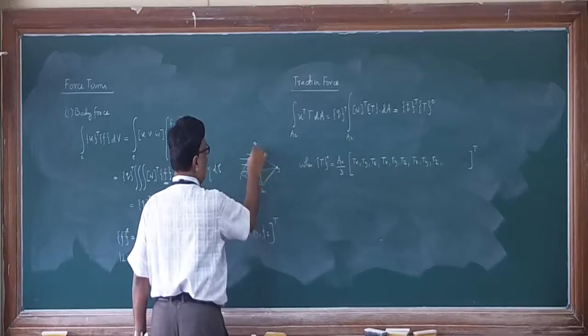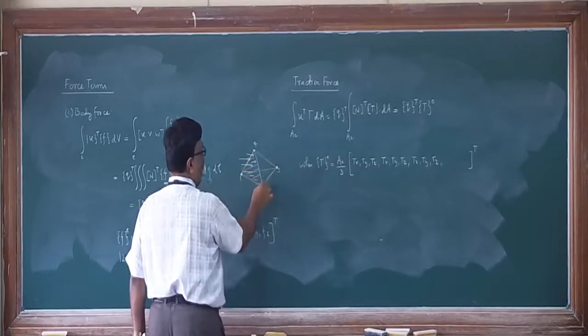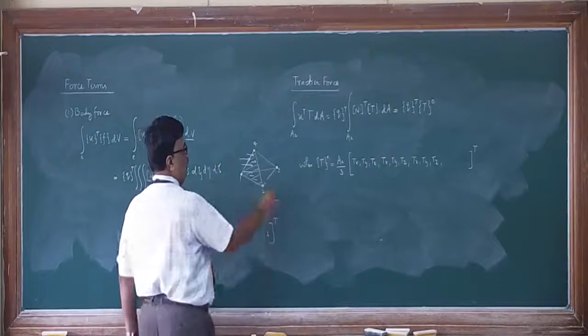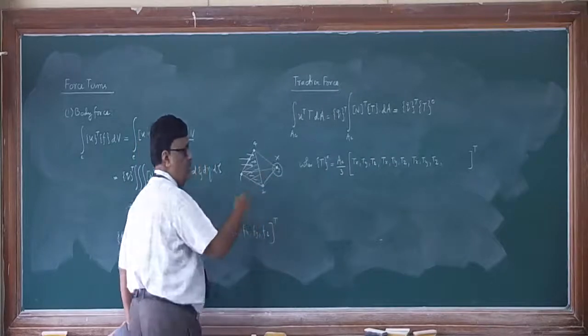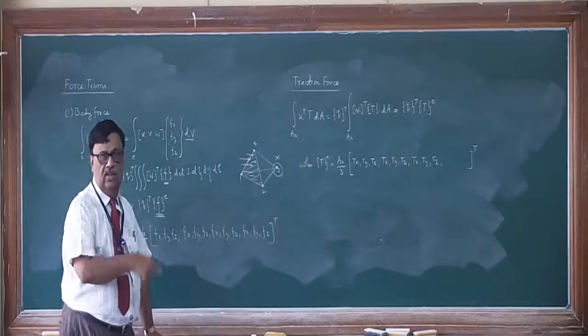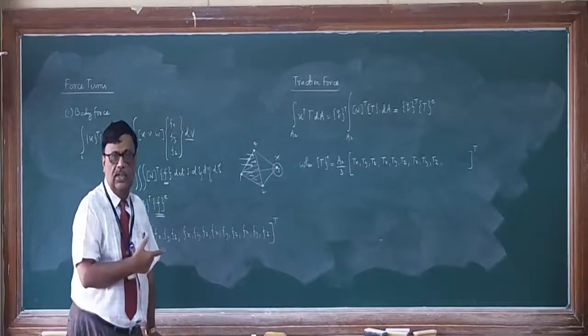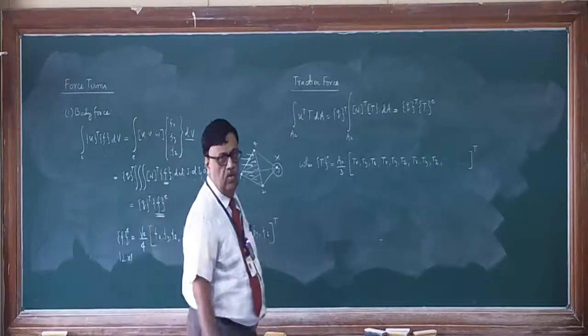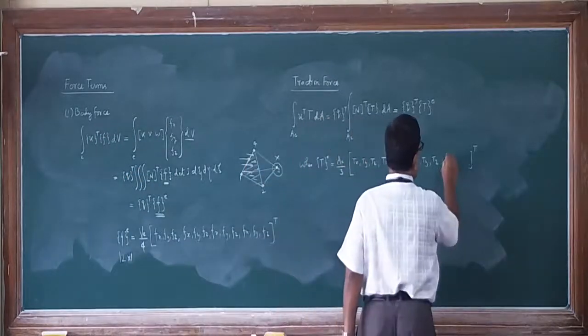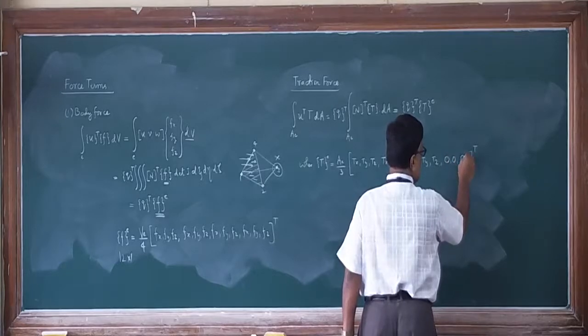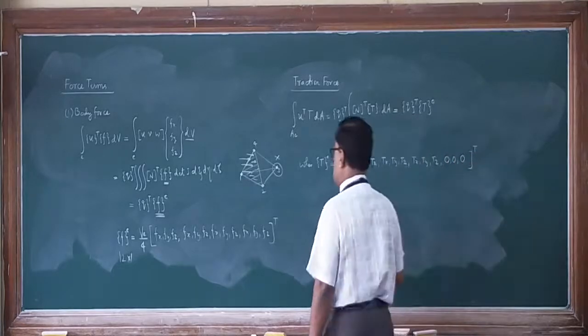So therefore, this contribution is going to be distributed only on the 3 nodes. The 4th node is isolated. There is no influence of the distributed load on the 4th node, so if you look at the 4th component, it should ideally be 0, 0, 0, because we don't have any contribution of the traction force over that.